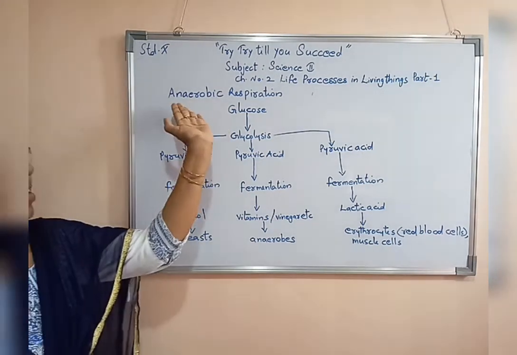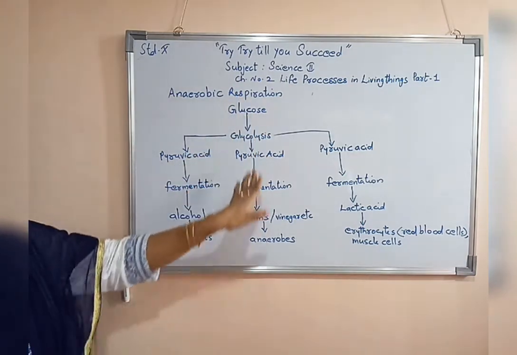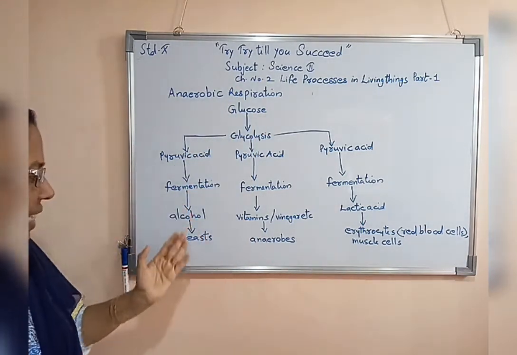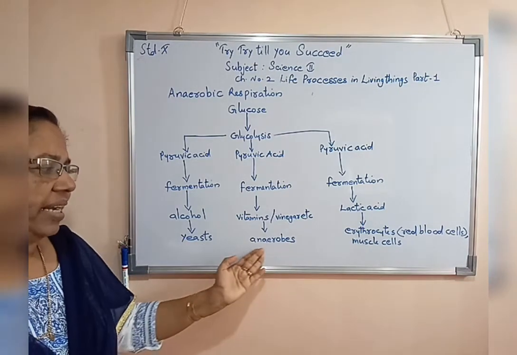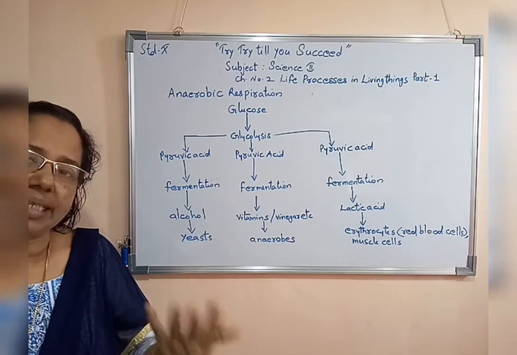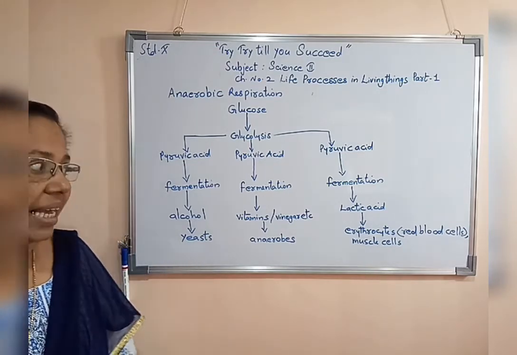So here we studied about anaerobic respiration. Anaerobic respiration is done by different types of organisms. For example, yeast, then anaerobes or microorganisms. We can say bacteria, even some other types of microorganisms.